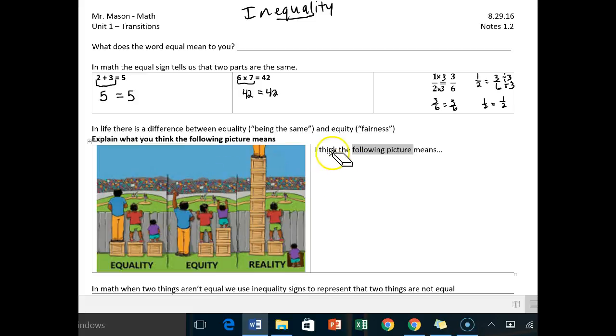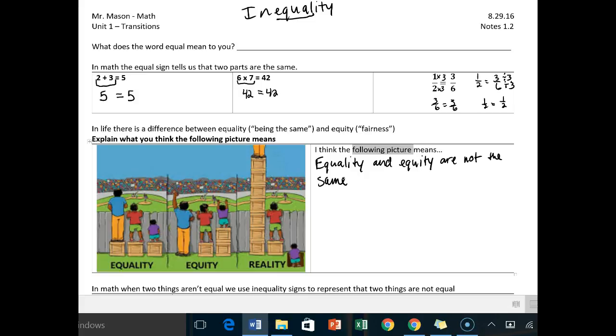So I want you to go ahead and tell me what you think the following picture kind of means to you. What does it represent? I'll give you a hint, and I'll say that equality and equity are not the same. Like, it would be the same if I required everybody in class to wear glasses, but not everybody needs glasses, right?